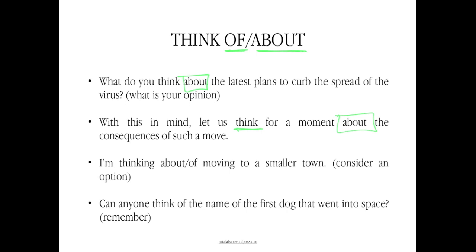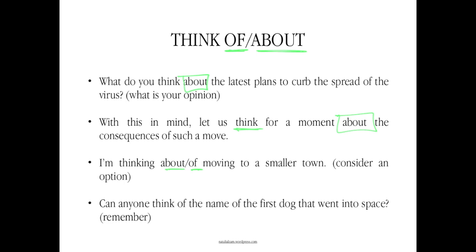Sometimes when you are considering options, you can use both "about" or "of". You could say, "I'm thinking about moving to a smaller town," or "I'm thinking of moving to a smaller town." Both are correct.